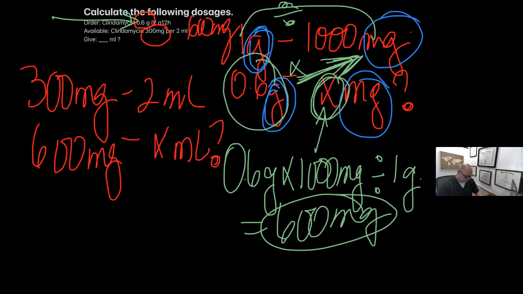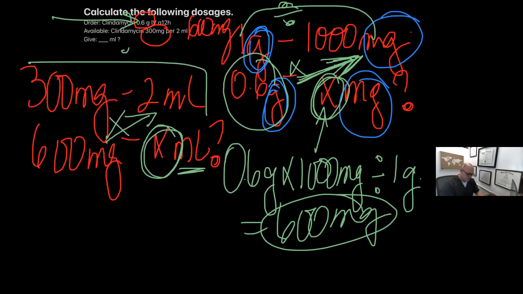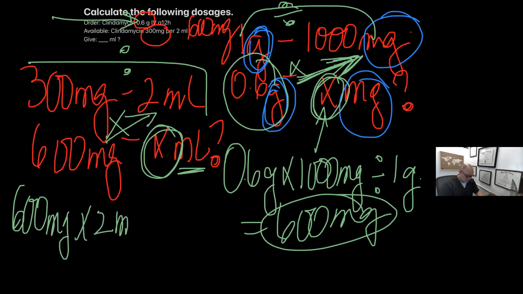Again, we multiply over the empty leg, because we're looking for mLs, and then we divide. In other words, 600 milligrams times 2 mLs divided by 300 milligrams. And the answer to this should be 4.